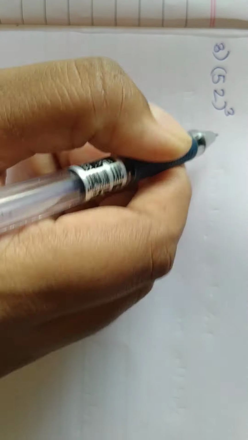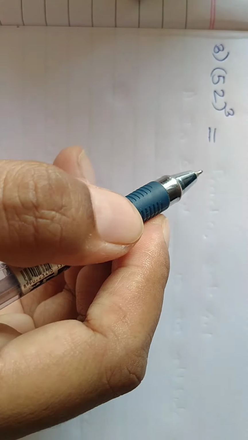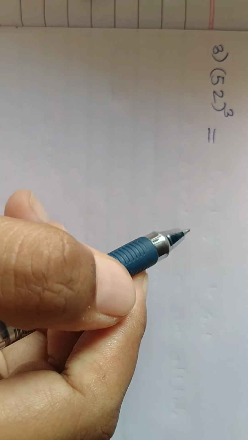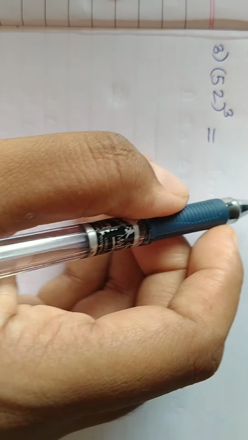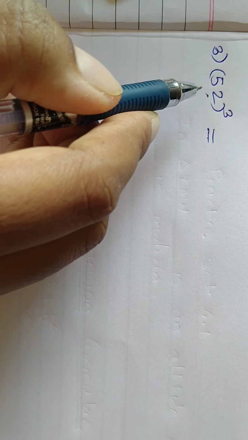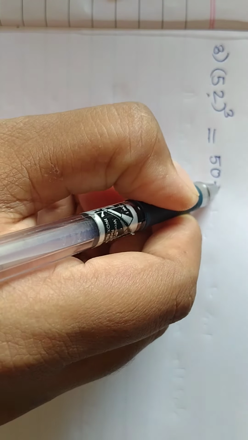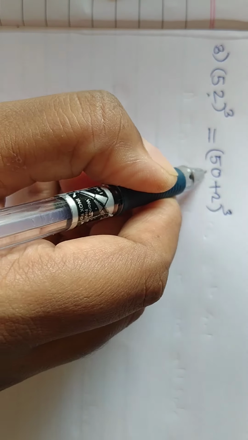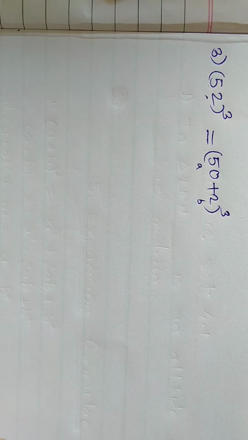Now see, third question, 52 cube. We can't solve this directly, because expansion formula you have to use for this. Our expansion formula is a plus b cube. Now here 52 number is there. We can bifurcate this as 50 plus 2, so we can write 50 plus 2 cube. Here 50 is a, 2 is b. Now we can apply the formula.